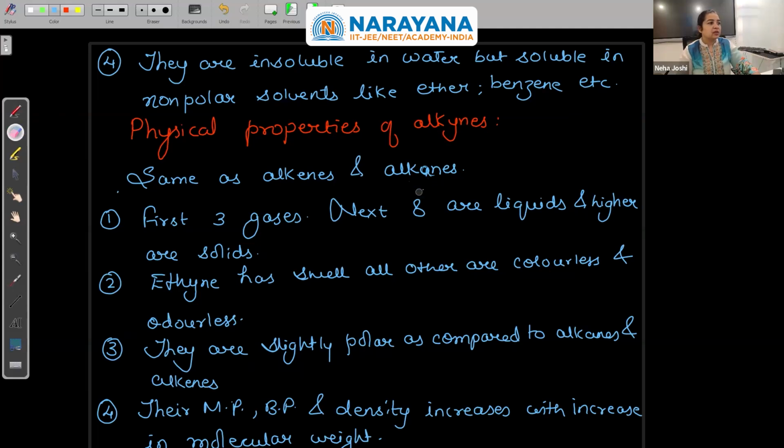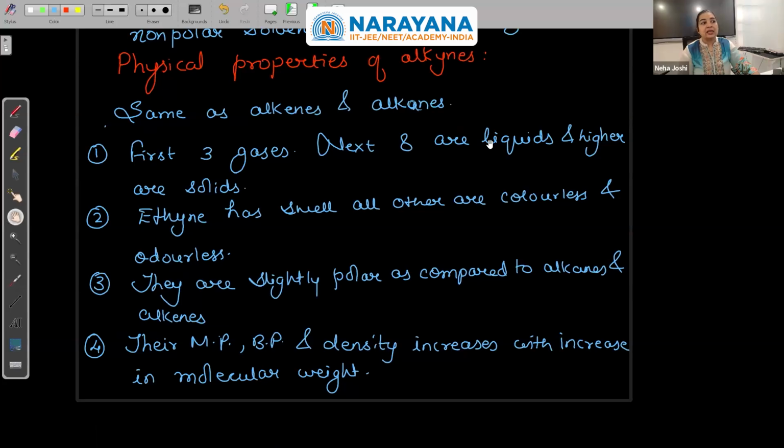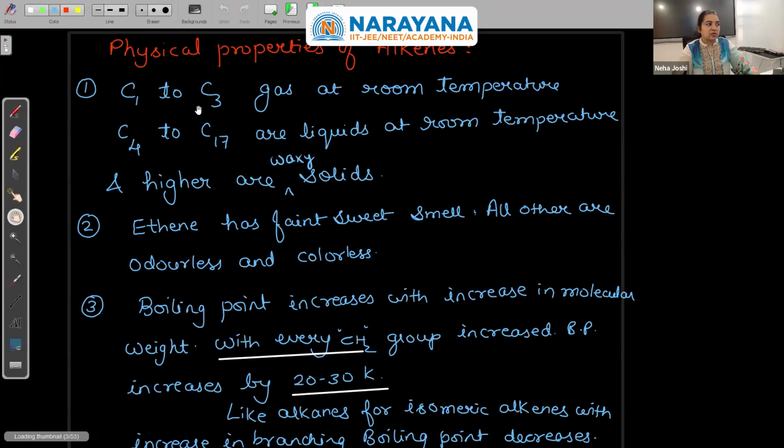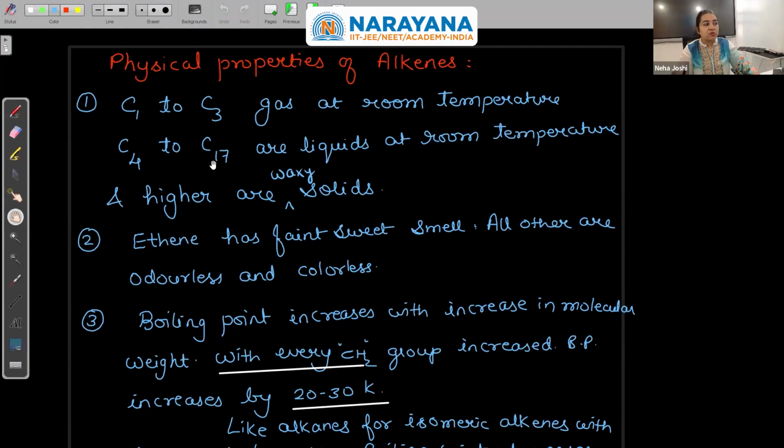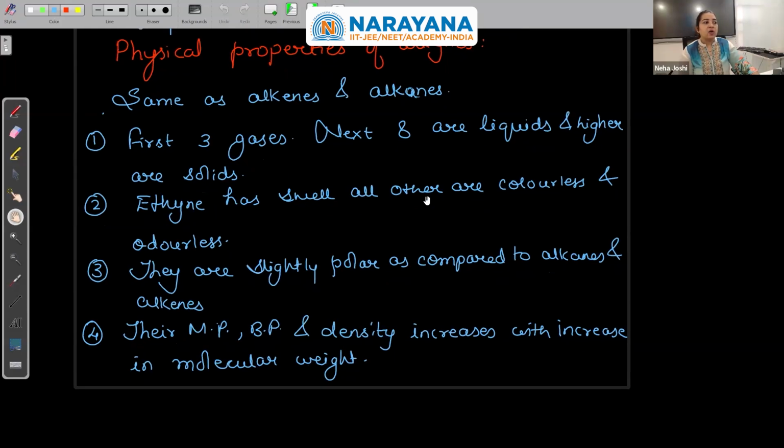The first three members are gases, the next 8 are liquids, and higher ones are solids. For alkenes the liquid range was C4 to C17, which was more than 8. Here the next 8 are liquids, and then they begin to solidify. Of course, again soft solids.